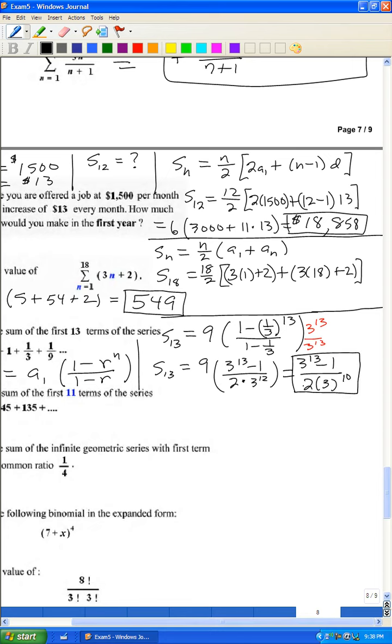You can get an approximate answer, but that'll only be an approximate answer. 3 to the 13 is 1,594,323, minus 1 is 1,594,322, divided by 2 times 3 to the 10.